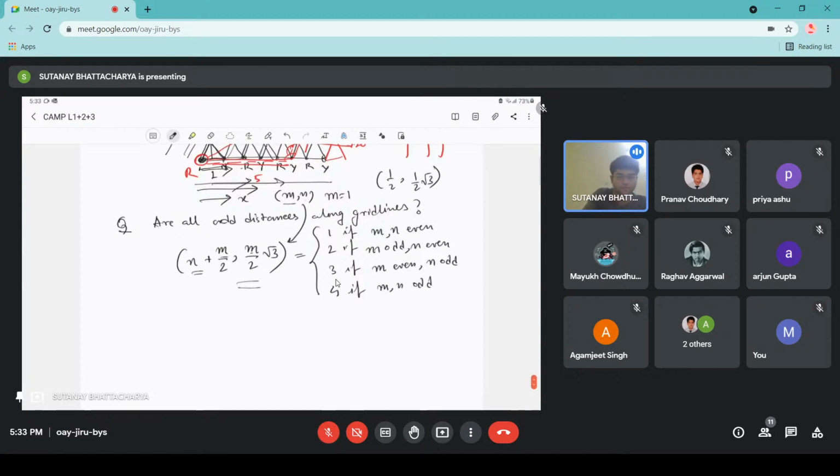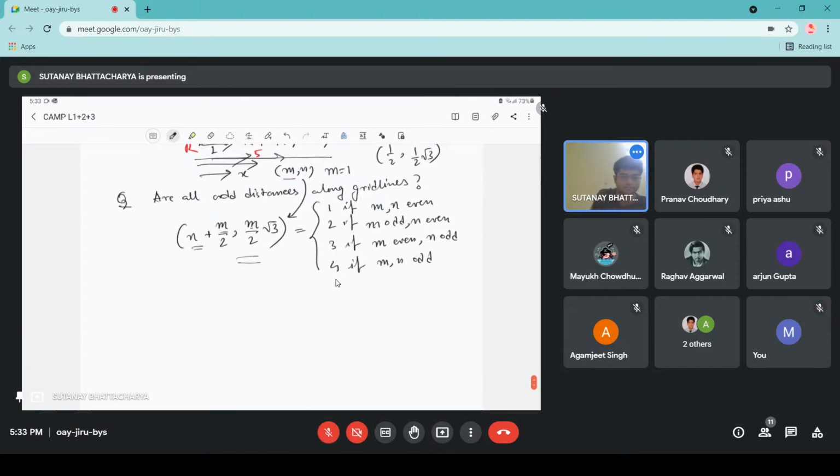So now to prove this is actually valid, suppose we have 2 points, one n1 plus m1 by 2, m1 by 2 root 3, and the other is n2 plus m2 by 2, m2 by 2 root 3, and they happen to be of the same color, let's say color 1.